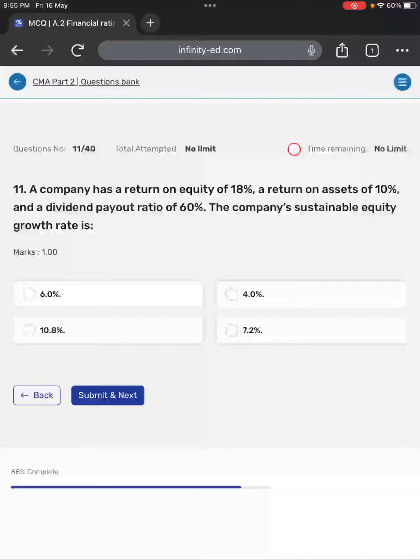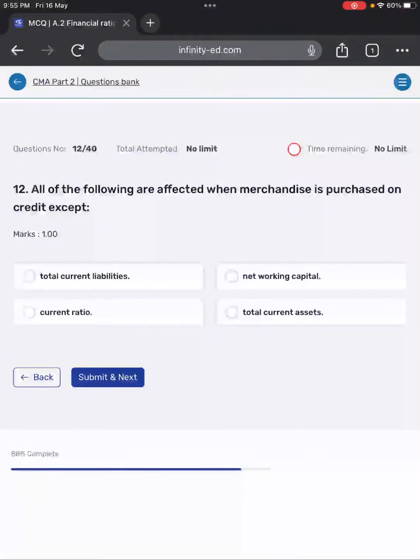In this case, 40% is the retention, as already told. Growth rate will be return on equity multiplied by retention: 18% multiplied by 0.4 equals 7.2%. Simple.